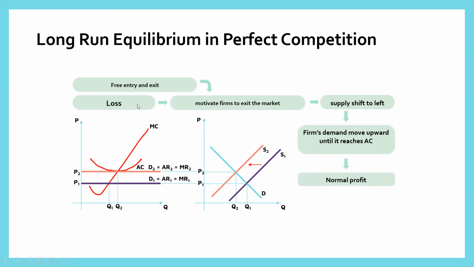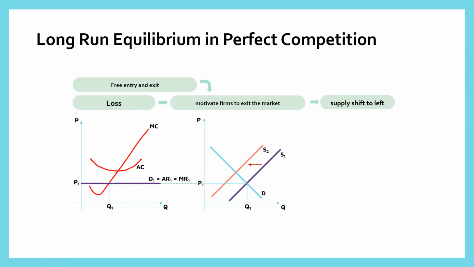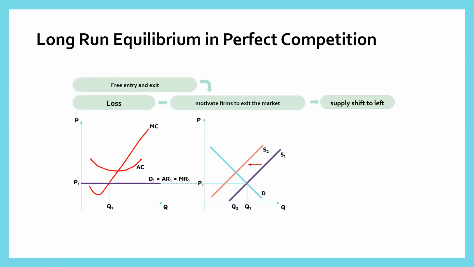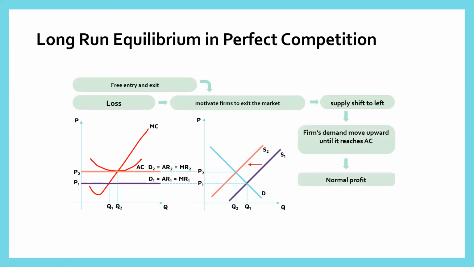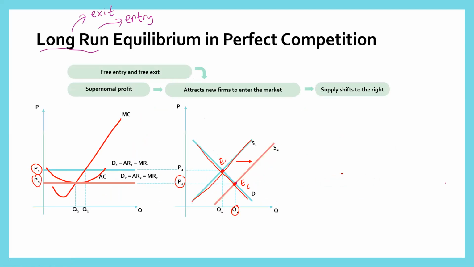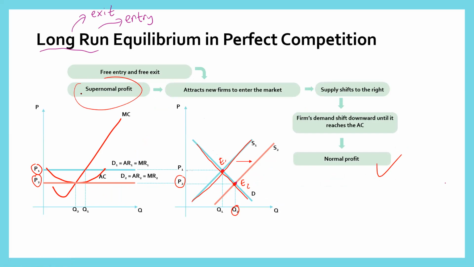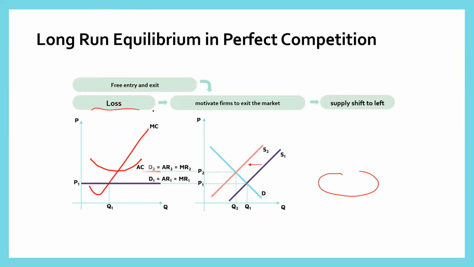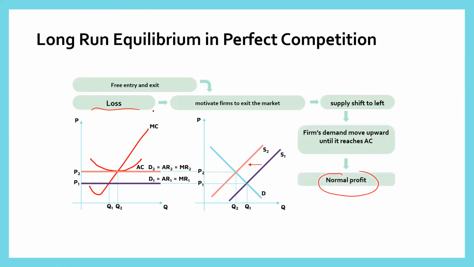So in the long run, whether at first the firm experiences a supernormal profit or a loss, in the end they will always experience a normal profit. At first, supernormal profit; in the long run, normal profit. If at first it experiences a loss, in the long run they will also experience a normal profit. So what could we get from this explanation?